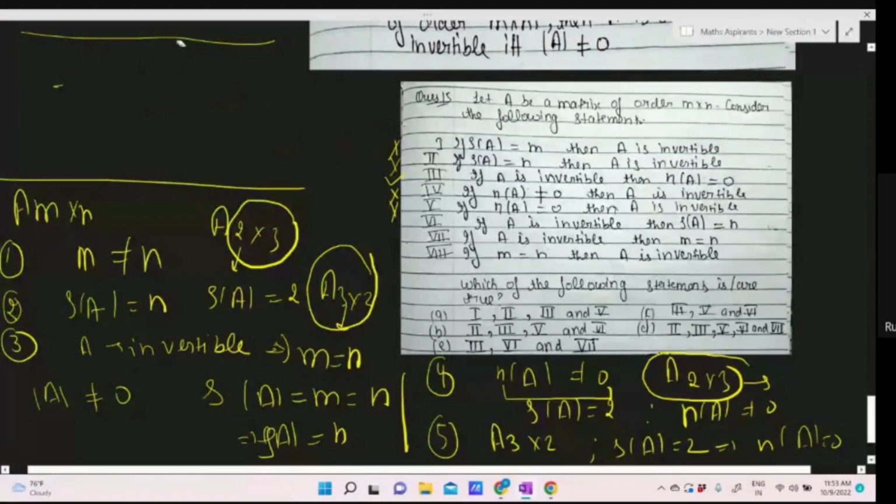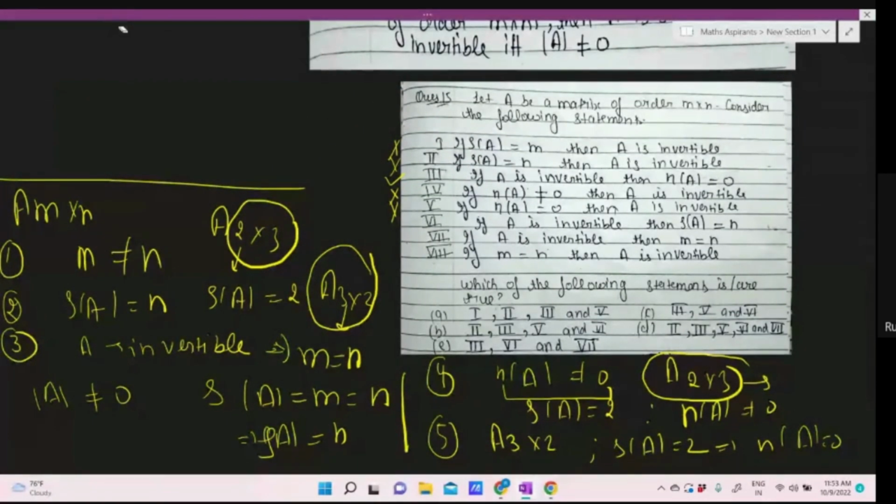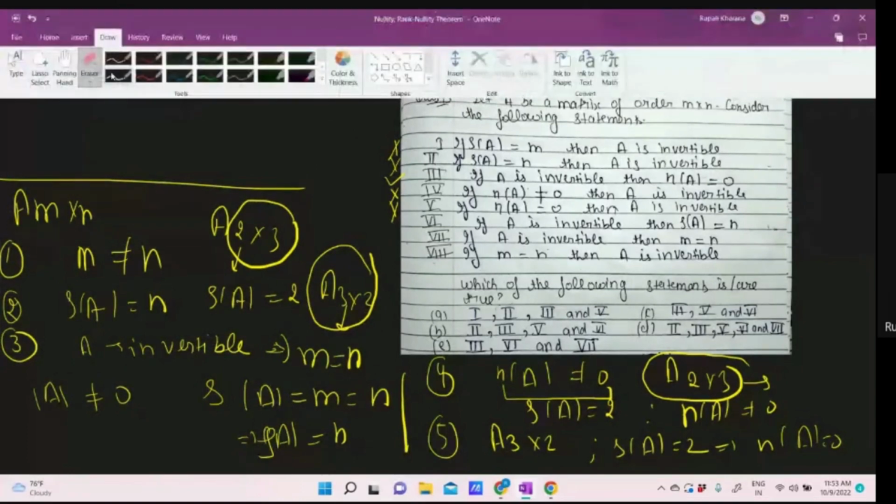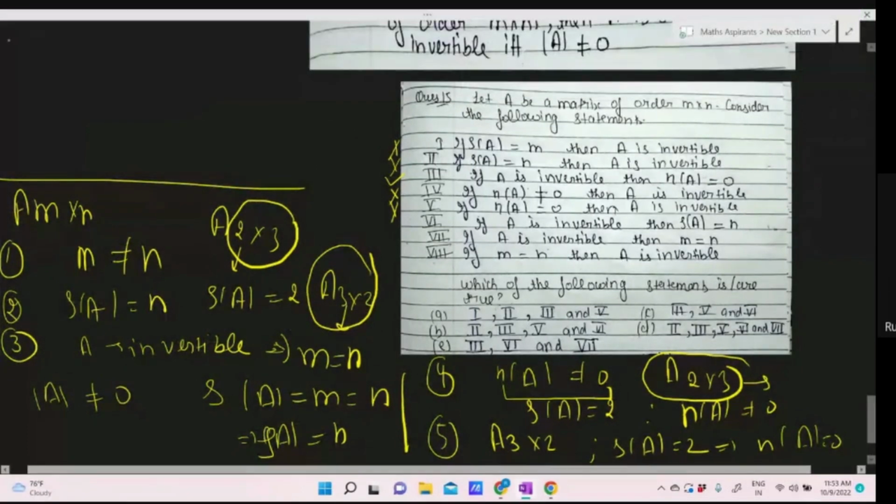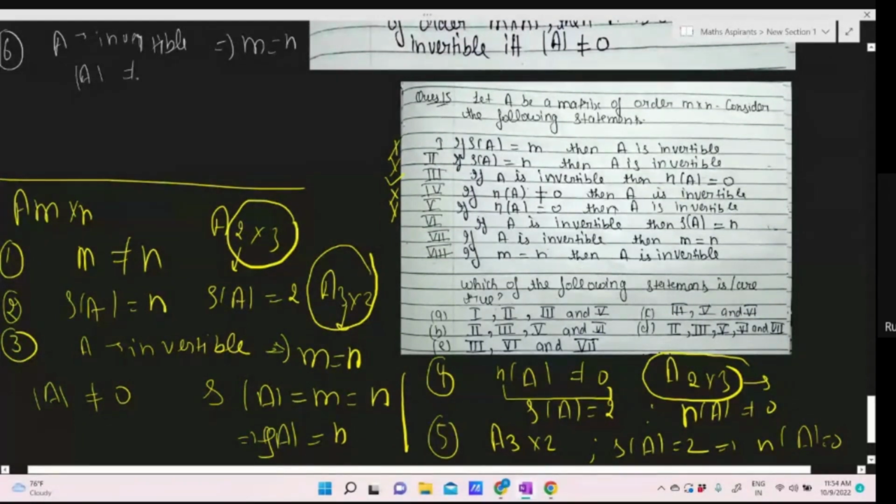Now we will discuss option number 6, option number 7 and option number 8. For option number 6, if A is invertible, then rank of A is N. Given that A is invertible, this will imply M is equal to N and determinant of A is non-zero.